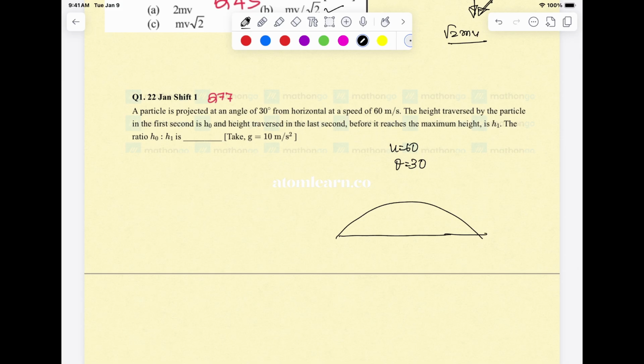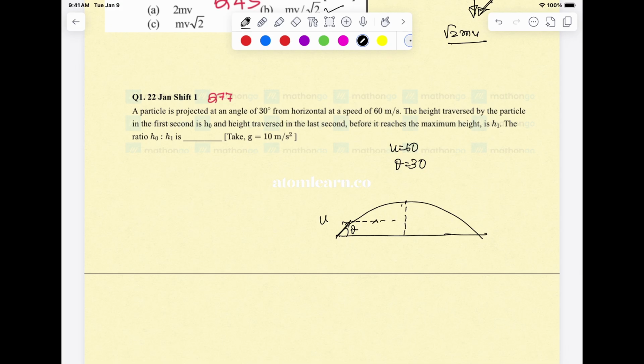Now u is given, u is equal to 60 and the angle theta is given. Then the height, this is not the total height, what is given is the height traveled.